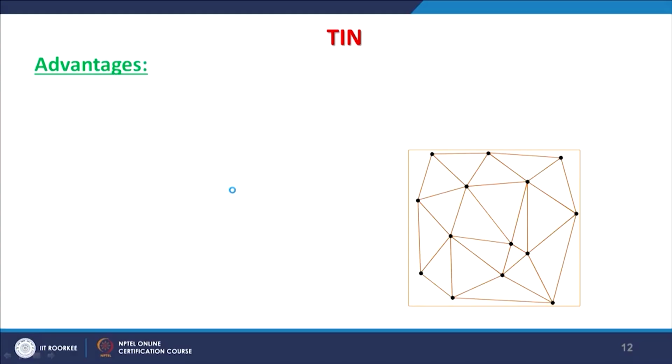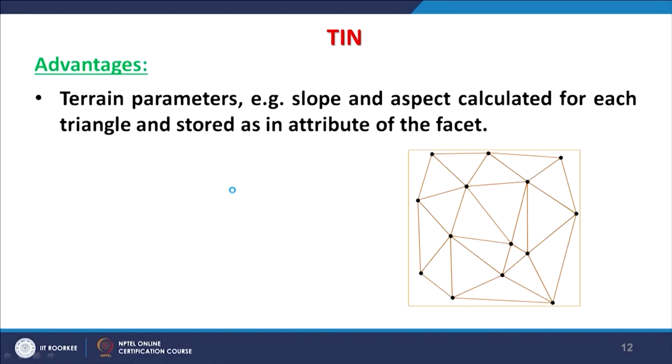And now the advantages we have been discussing: not only is it adaptable to relief roughness, but when you create a tin, it also creates slope and aspect, and that is why the tin looks more realistic when you display it for the same terrain as the raster.